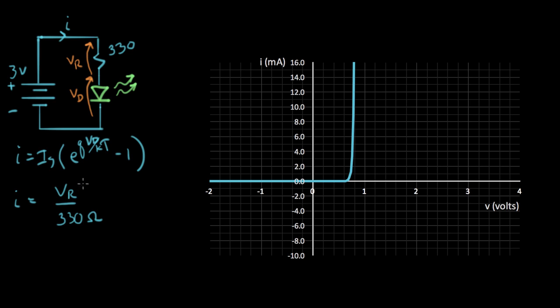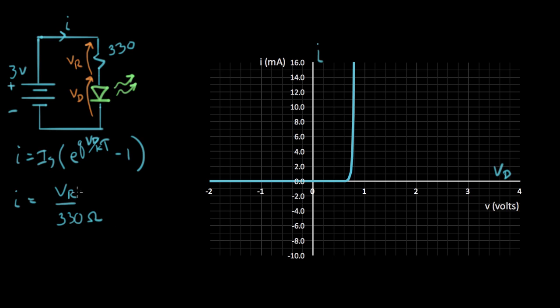But what we're going to do instead is solve this by a graphical method. Here's a graph of the diode, and this is the VD scale. This is V diode, and this is I up here. And so what I want to do is plot the resistor IV curve on this same plot.